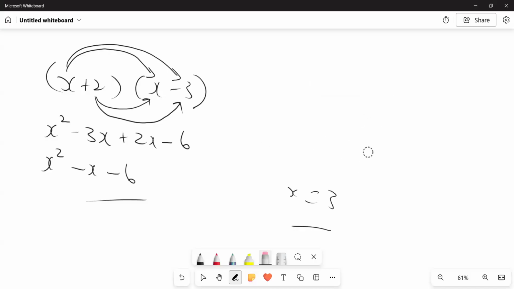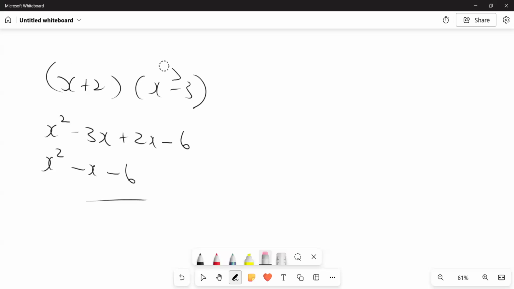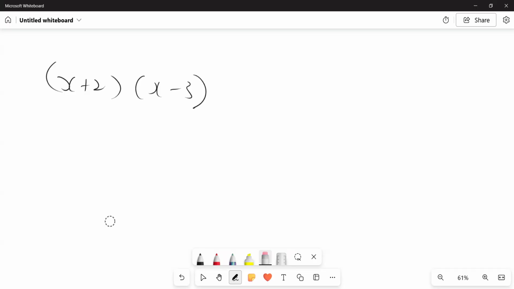Let's talk about that. So I'm going to remove this because I don't want any confusion. So I took this, right? What I'm going to do, I want to do it even longer, because we're going to learn something from the process of expanding the brackets and simplifying, for how to factorize, right? So this here.